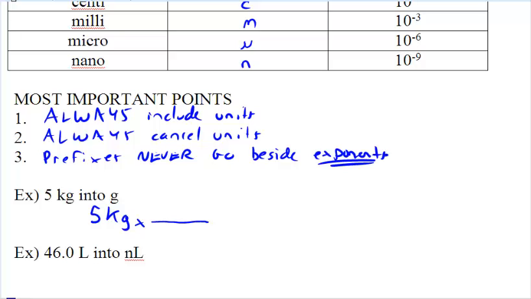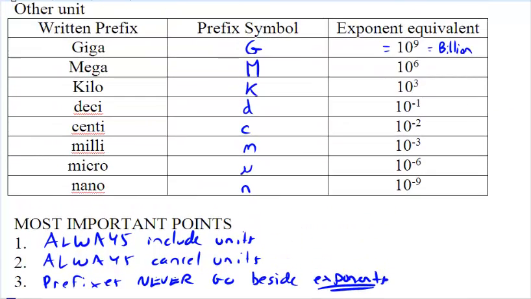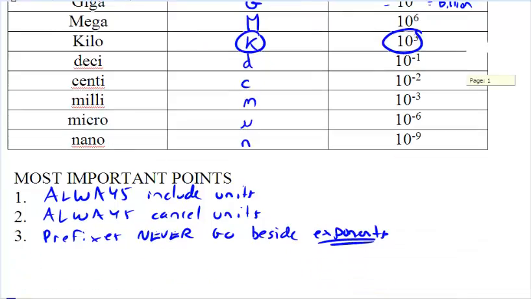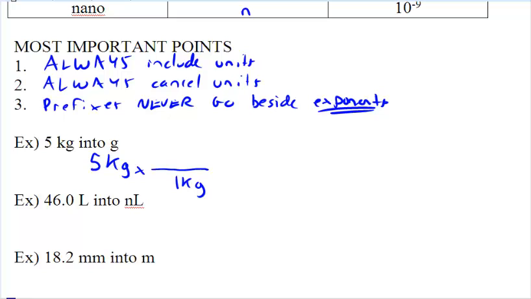So we have these conversion factors. We know that 1 kilogram, if we look back up, the prefix K for kilo represented by 10 to the 3. So what we have is that 1 kilogram is 10 to the 3 grams.